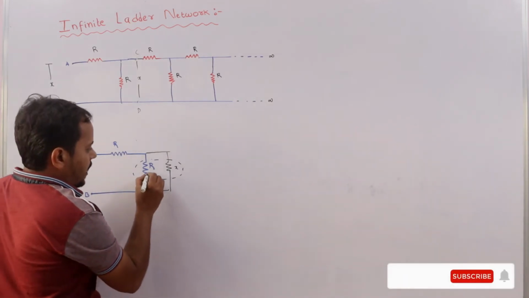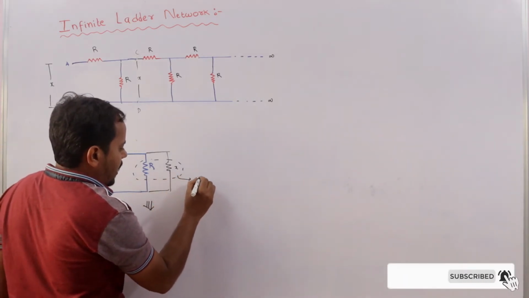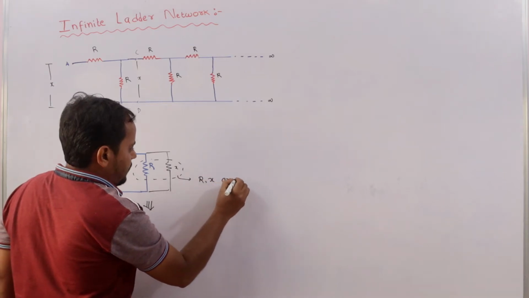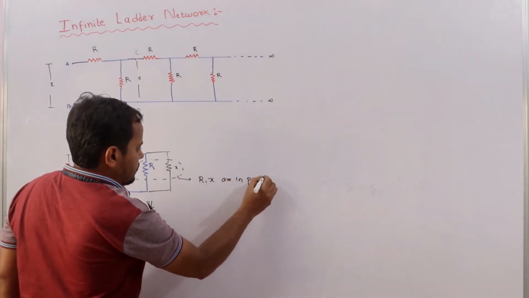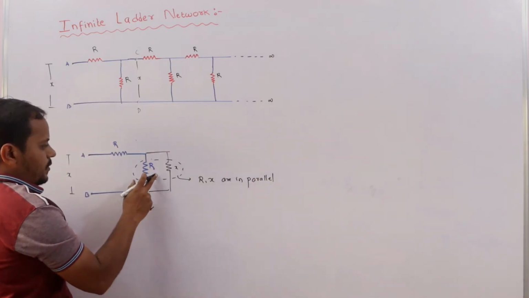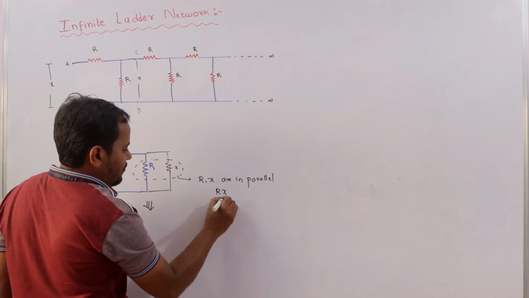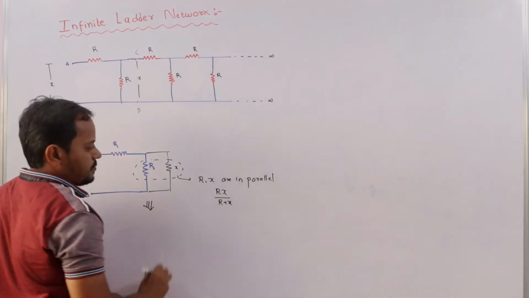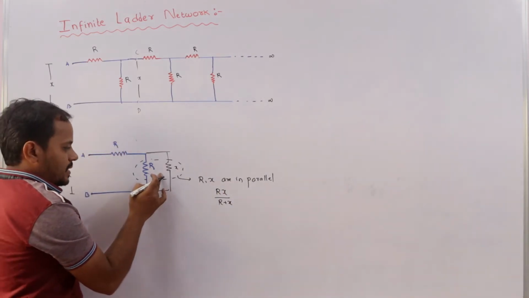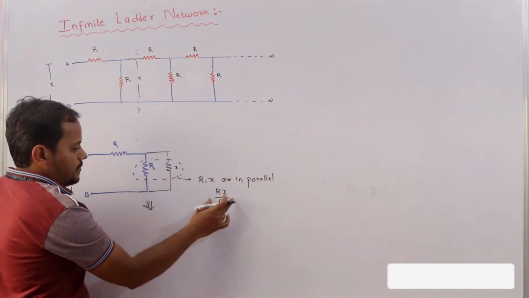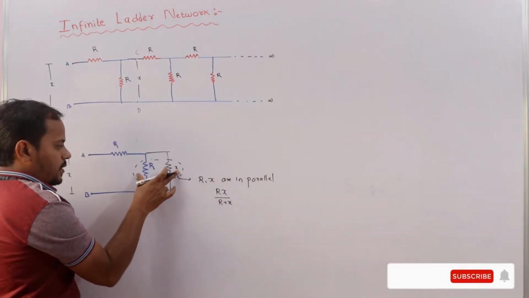So R and X are connected in parallel, and the equivalent resistance of R and X is R into X by R plus X.